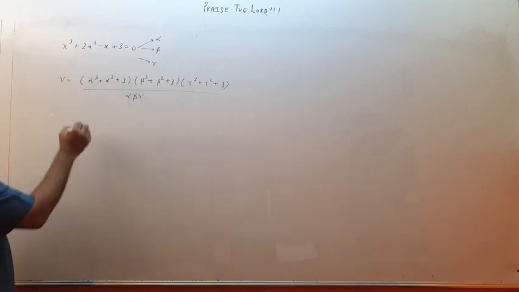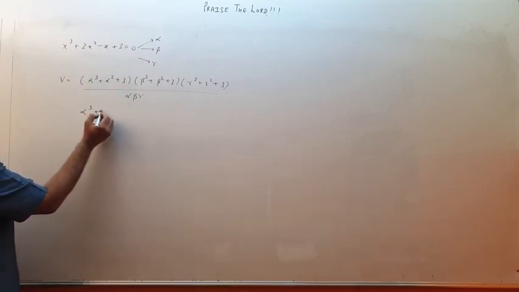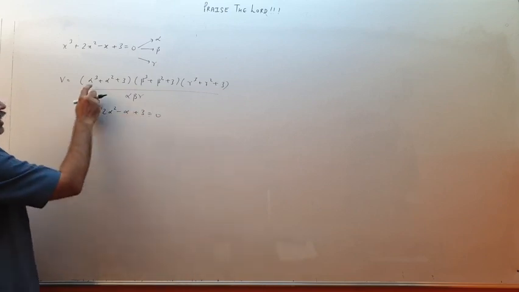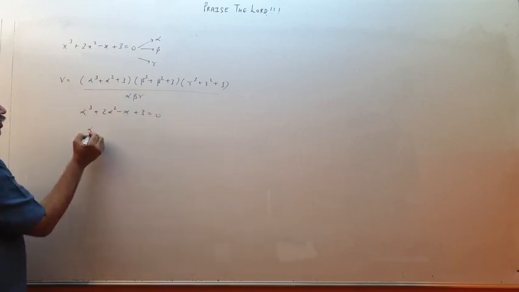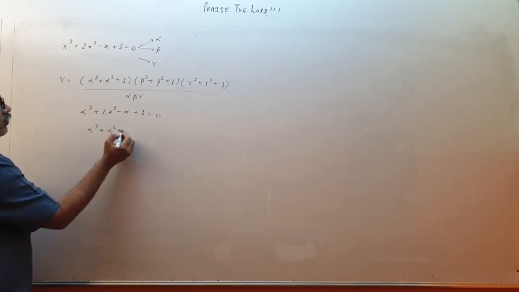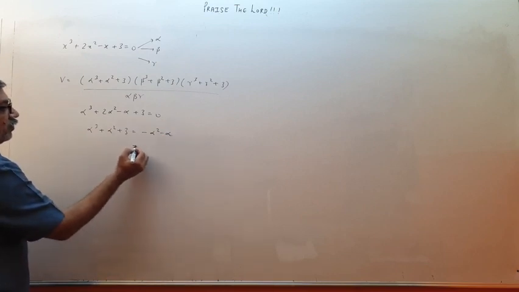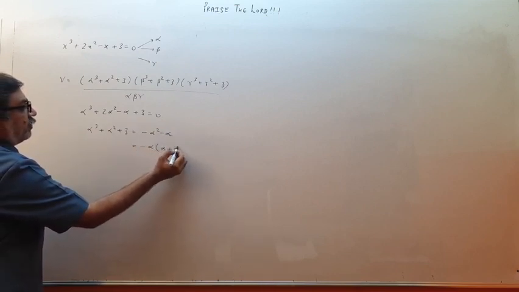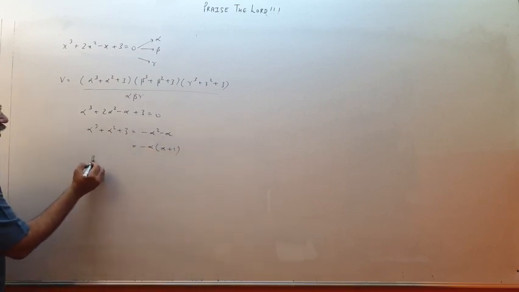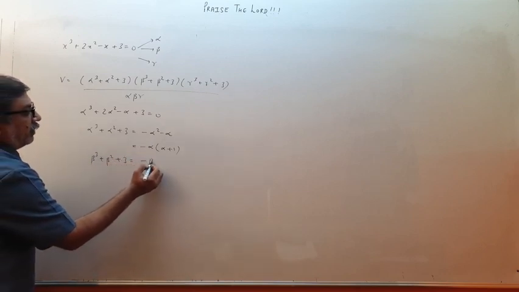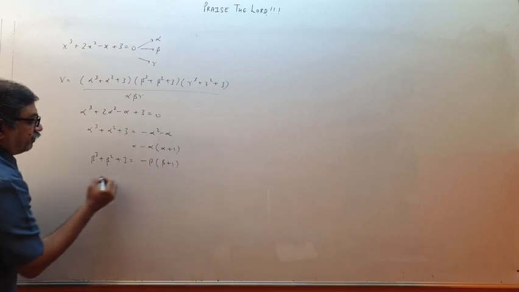Put alpha over here. This will become alpha cube plus 2 alpha square minus alpha plus 3 equal to 0. Alpha cube plus alpha square plus 3 you take, and 1 alpha square goes to the other side, minus alpha. So this will be minus alpha into (alpha plus 1). Similarly, beta cube plus beta square plus 3 will become minus beta into (beta plus 1).